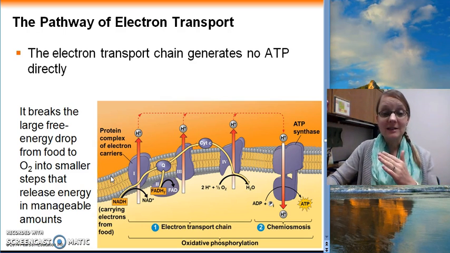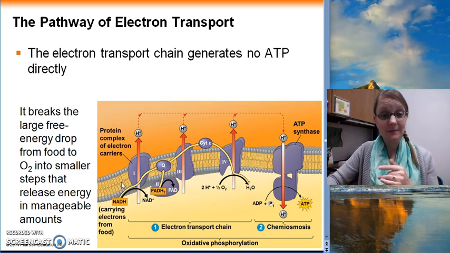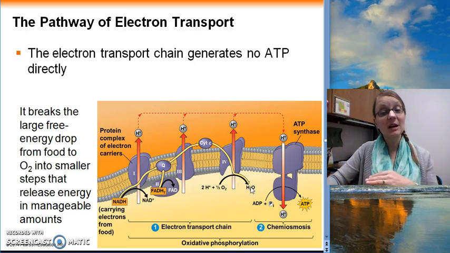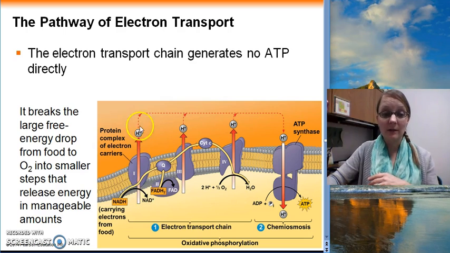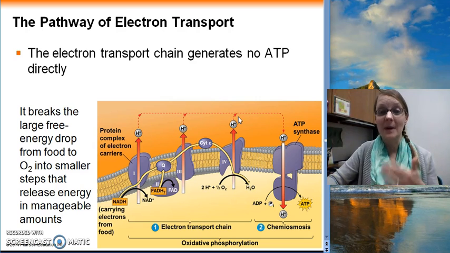But what there is, if you look very closely, this is something we haven't pointed out in these figures yet, as the electrons start here at NADH and FADH2, and they make their way through the electron transport chain, each time the electrons pass through complex 1, or complex 3, or complex 4, the energy that the electrons give up is used to pump protons or hydrogen ions across that membrane, across that inner mitochondrial membrane.